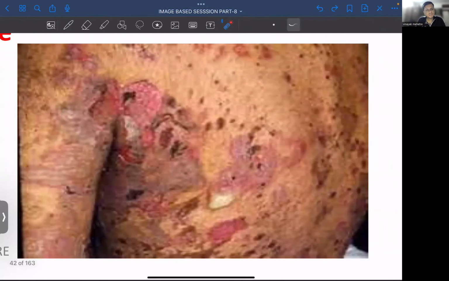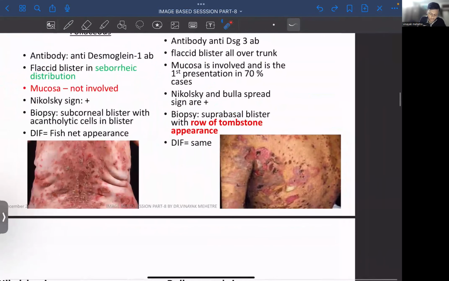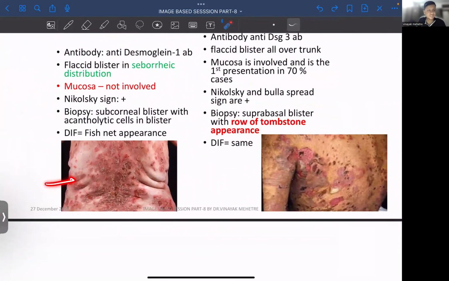Now comes the variant. The variant which is asked is pemphigus vulgaris. Again, whenever you are getting pemphigus as a disease, there are 2 variants. One is pemphigus foliaceus, one is pemphigus vulgaris.